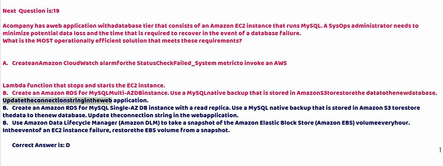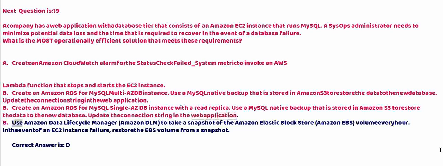Update the connection string in the web application. C. Create an Amazon RDS for MySQL single-AZ DB instance with a read replica. Use a MySQL native backup that is stored in Amazon S3 to restore the database. Update the connection string in the web application.